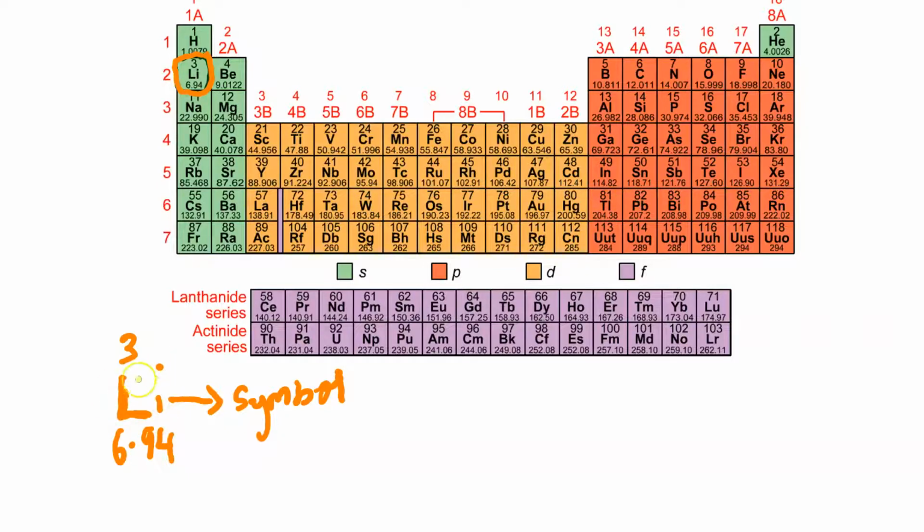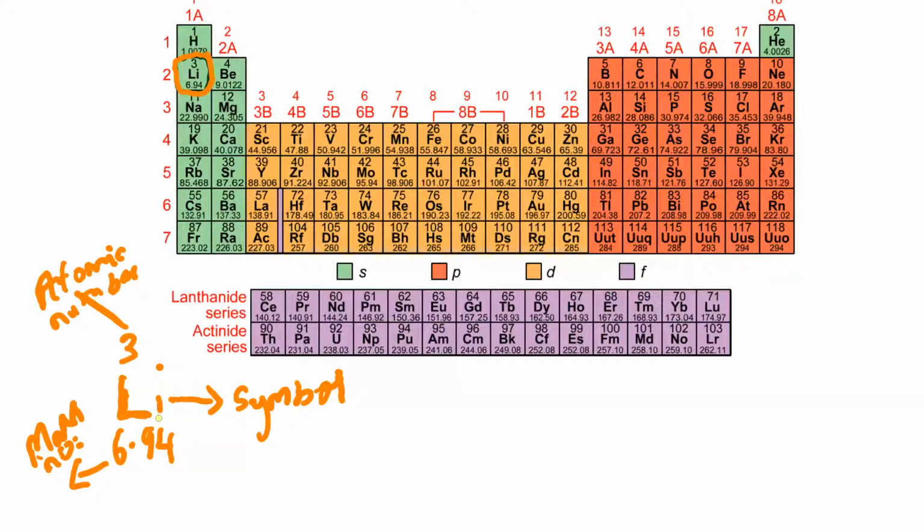That's the representation. The top number is the atomic number, and the bottom number is the mass number. That's all we can find out.